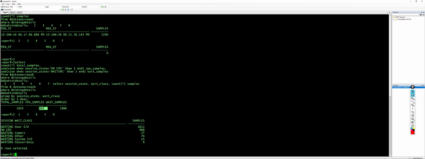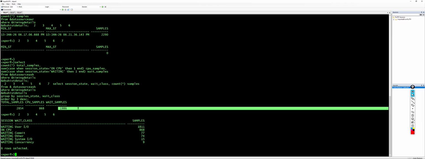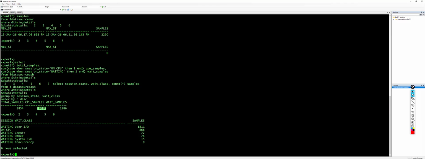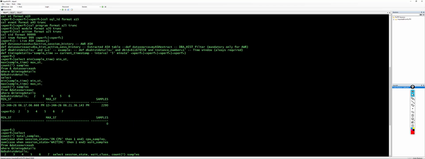The proportion of wait is higher than CPU, which means the database has waited more time compared to the CPU between these two timelines.